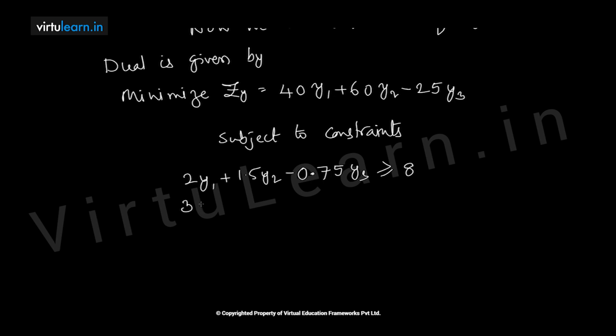Then the next constraint is 3y1 plus 2y2 minus 0.5y3 is greater than or equal to 15.